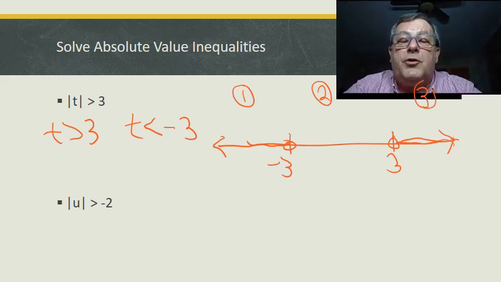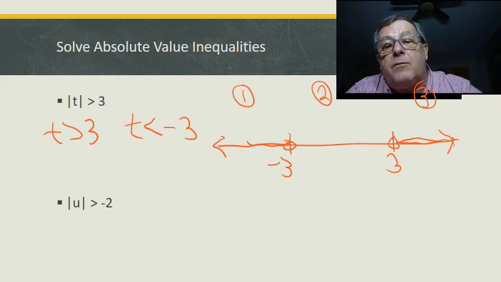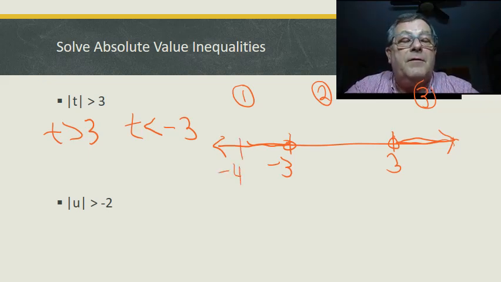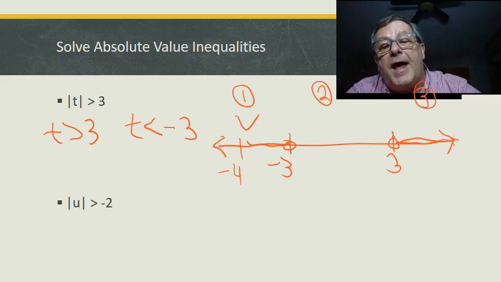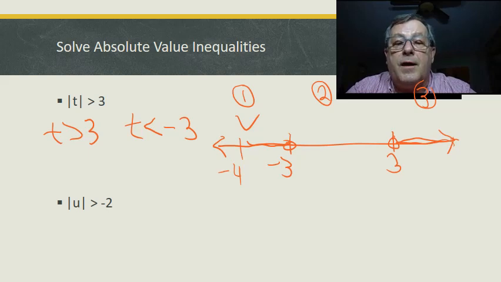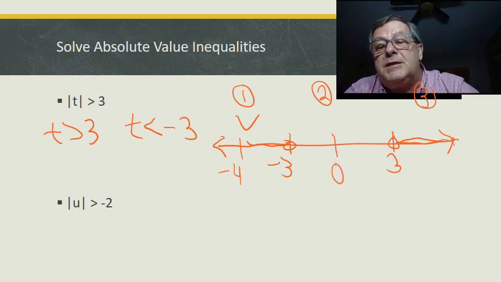And if I wanted to make sure I got my graph right, I could test a number that's within each interval. So let's just say right here I'm going to test -4. Well, absolute value of -4 is 4, and 4 is greater than 3. And so that interval checks. That's a good interval, and I've got it marked as such. Let's pick one in this interval. Let's just say 0.